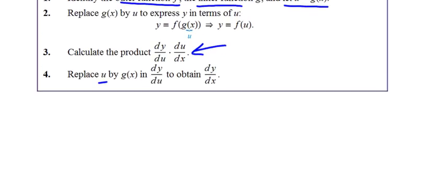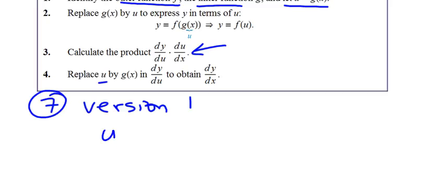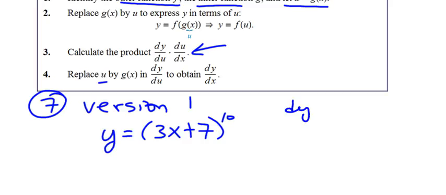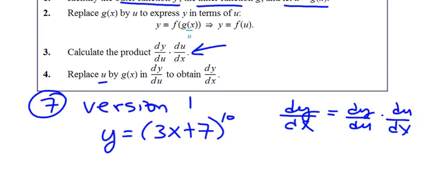So we want to go ahead, for example, using version 1, given this equation, we're going to use this version. The dy dx is equal to dy du times du dx. And if that's the case, I'm going to let u be the 3x plus 7, and y equals u to the 10th then.